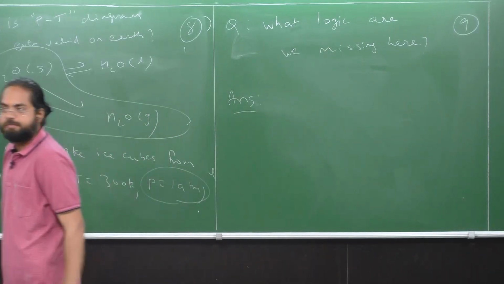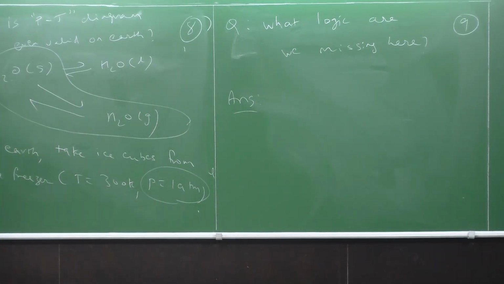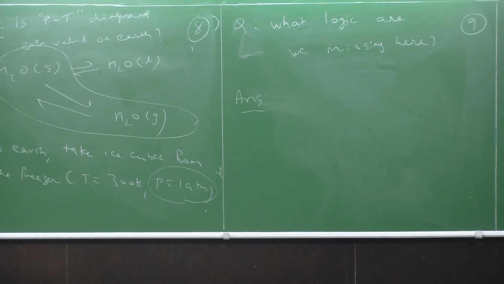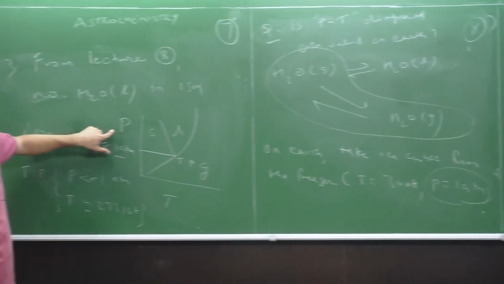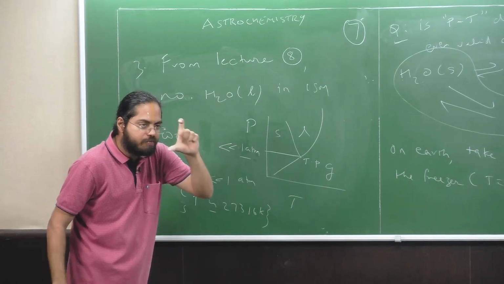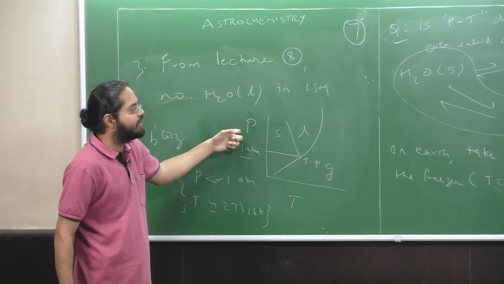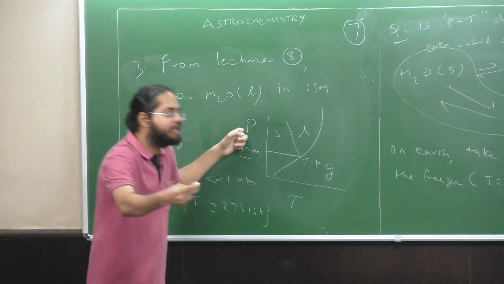What's the answer? Can someone guess? I'll give you a hint. The hint is, look into what this P is, what this P is doing here. What variable does it correspond to? The pressure in the phase diagram.